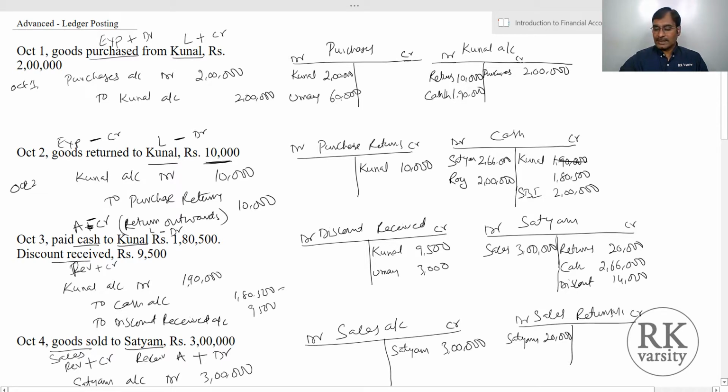But by this time you may be clear or familiar that generalizing transactions and ledger postings all revolve around your rules of debit and credit and the 5 core accounts which are involved, that is assets, liabilities, owner's equity, revenue and expenditure, and their related rules of debit and credit. So if you are familiar with this, then generalizing transactions and posting ledgers is very easy.